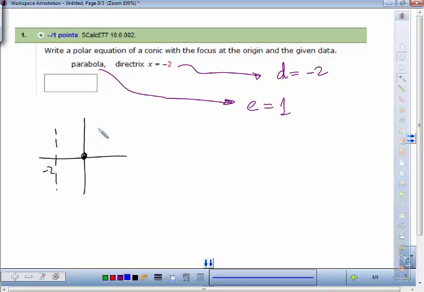To the right. Because the focus is inside of the parabola and the directrix is on the back. Yes?